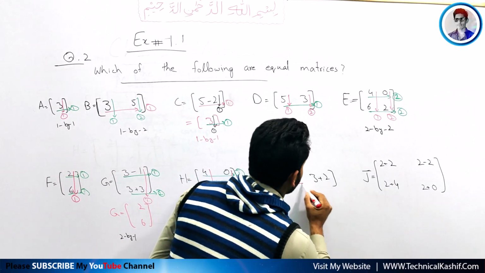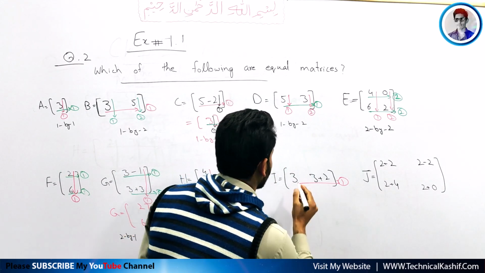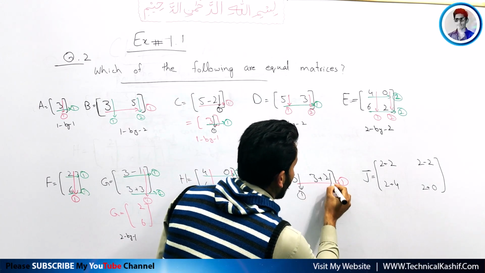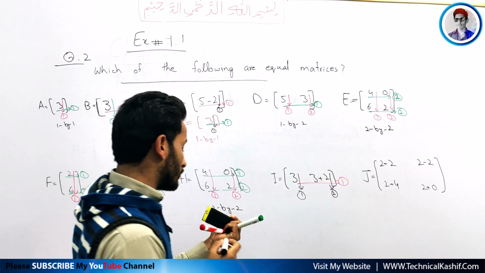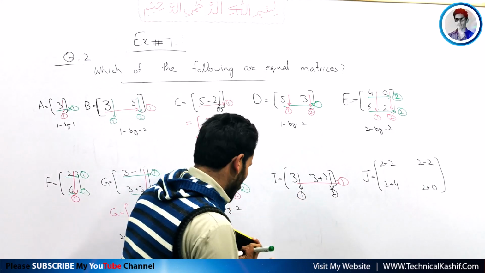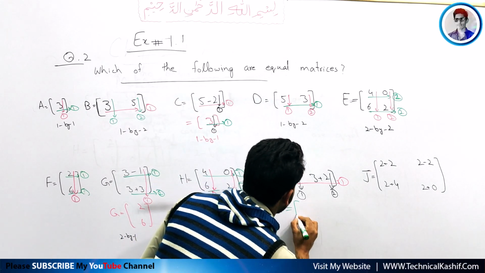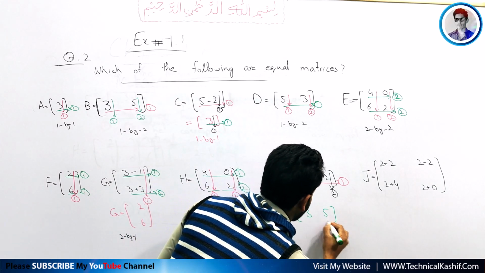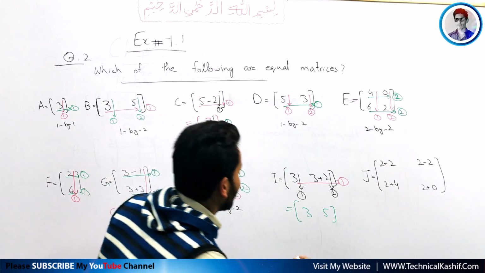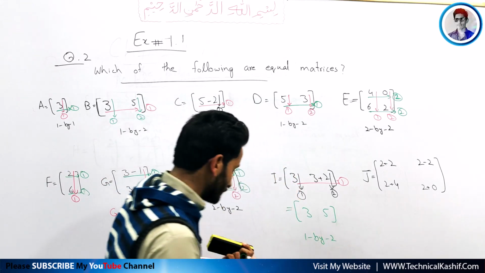The number of rows is 1, and the number of columns is 2. 3 plus 2 is a single entry in the second column, and we can also write this matrix as 3 and 5. So the order of this matrix is 1 by 2.